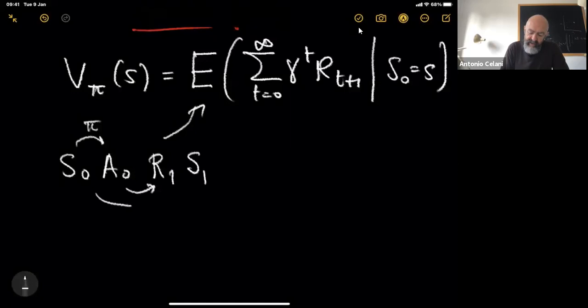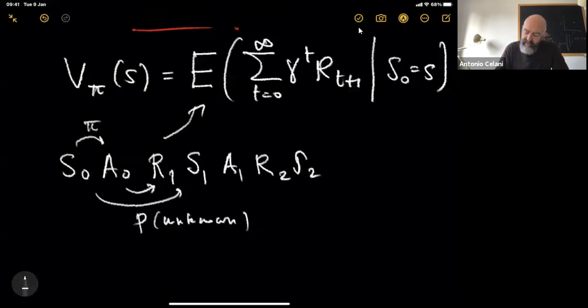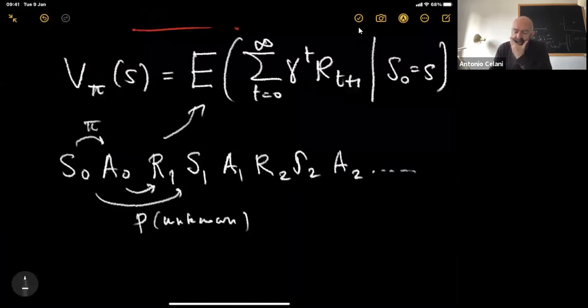This is due to the dynamics underlying our system, that is the transition probability, which is, as you remember, unknown to the agent. So the agent just observes this sequence of states, actions, new states, etc. These rewards are produced in this sequential manner by interacting with the environment.